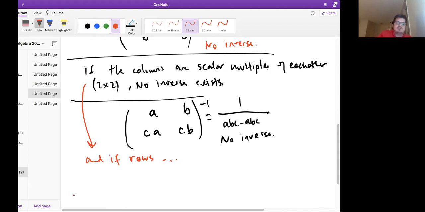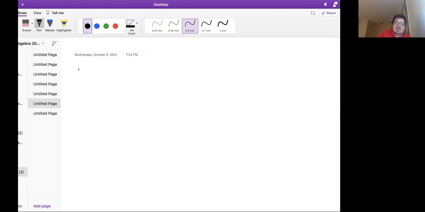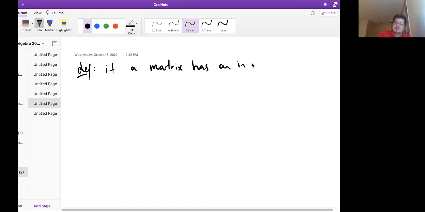All right, so just giving it a definition. If a matrix has an inverse, it is called non-singular.